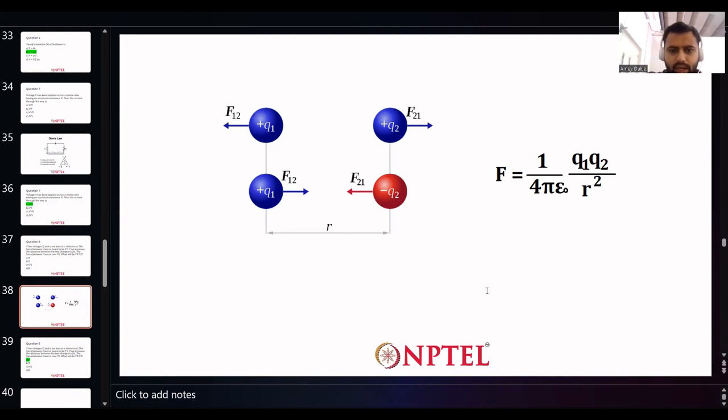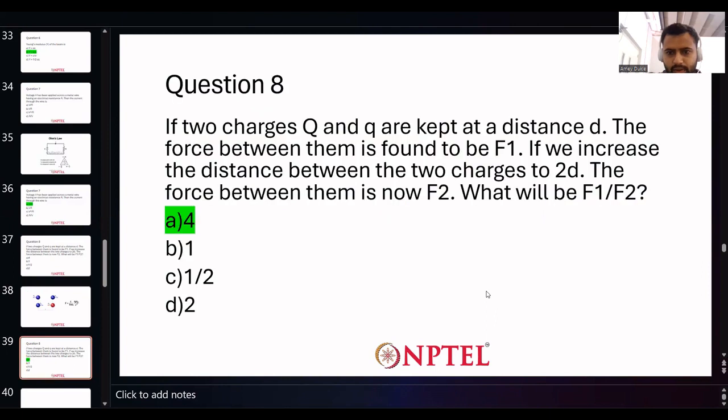From this relation we can find that the force is inversely proportional to the square of the distance. So if we are increasing the distance to 2d, the force will become 1 by 4 times. So F1 will be 4 times F2, or the answer of this will be 4. I hope there is no doubt till now.